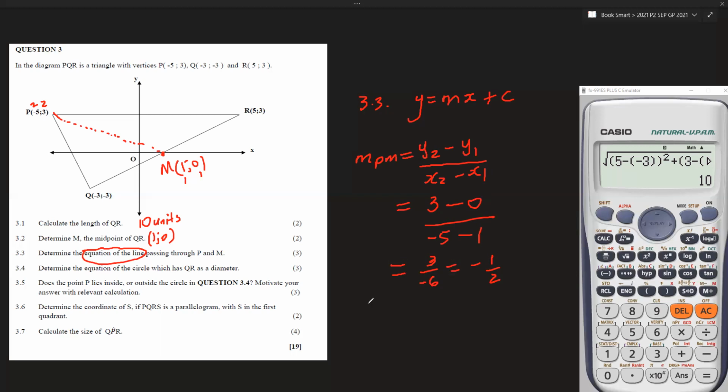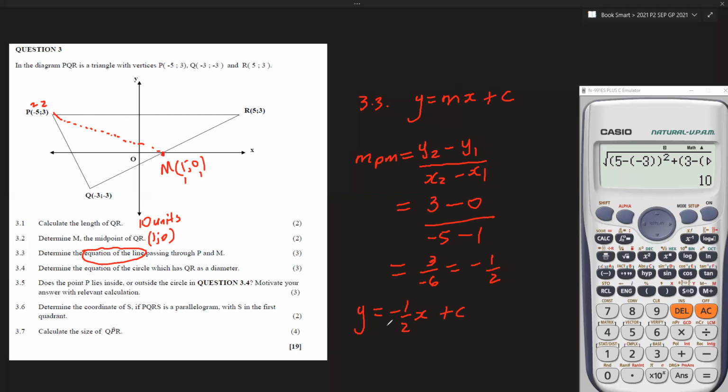Okay. And then we have y equals to, I'm going to substitute the m there, negative half x plus c. And then when you are in this point, you are going to pick any point that lies on this line, P and M. So I can easily take M, for example.